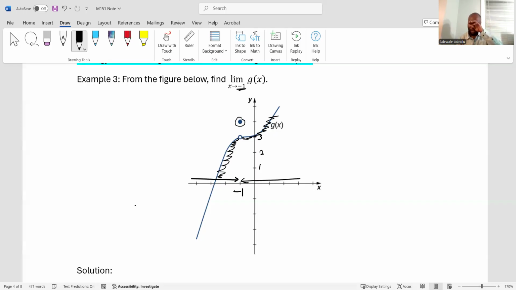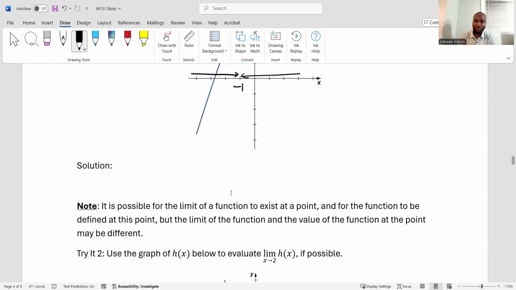So we look into that later in this course. So we can make a claim and say that the limit of that function, which is g of x, as x approaches -1, is 3. Done.